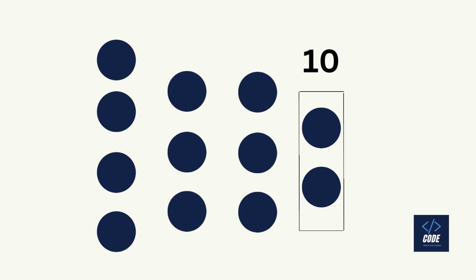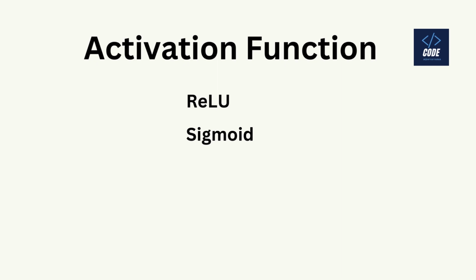So there are 10 possible outputs. So input and output will be fixed. In between that we can have different hidden layers. We have different activation functions like rectified linear or sigmoid.